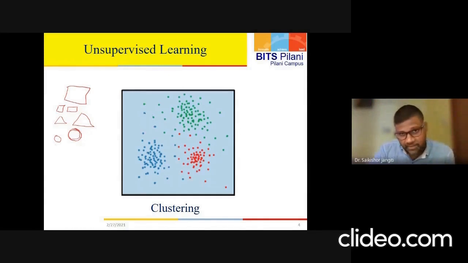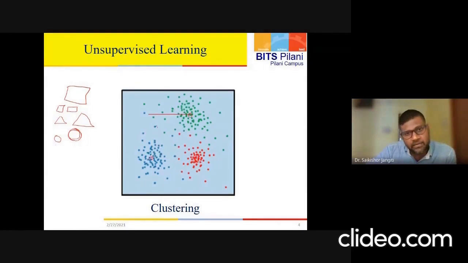So here we have a diagram with three clusters, which is divided using a famous algorithm called the k-means algorithm, which follows distance to separate the objects into clusters. Say, for example, we have a centroid in the center of this cluster, and the center of this cluster, and the center of this cluster, right? So these points are grouped into those clusters which are near to them.